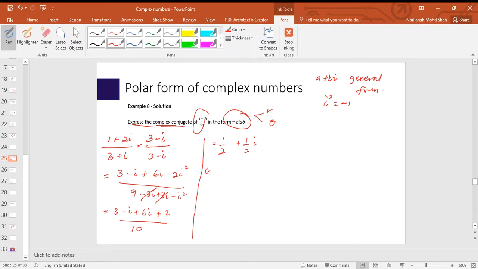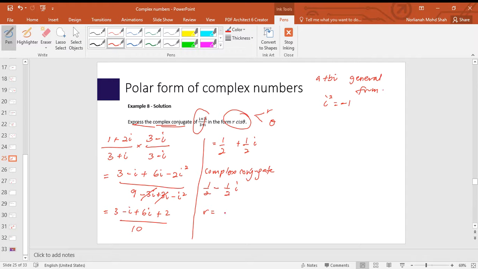So the complex conjugate is 1 over 2 minus 1 over 2i. From this complex conjugate, we can determine the values of r and theta.